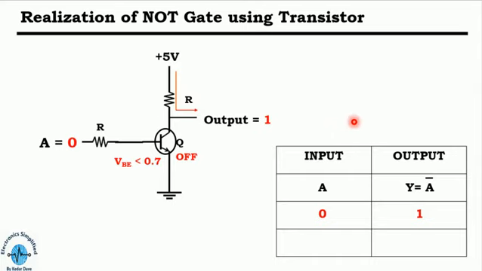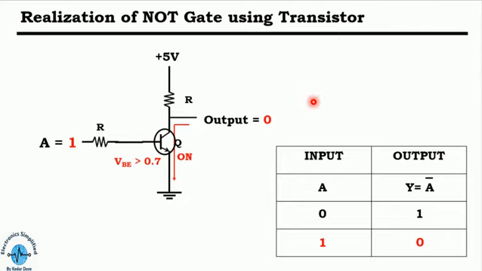For the second condition, we are providing some input voltage, and in this condition the transistor is in the on condition, and the current flows completely like this, and hence no output is seen at the output terminal. So this is the basic realization of the NOT gate using the transistor.